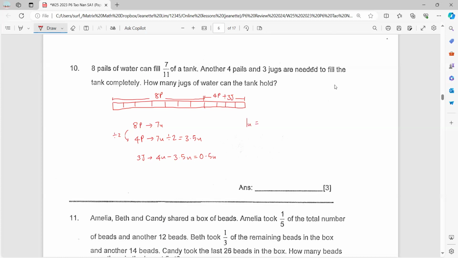So 1 unit is actually double of that. So 3 times 2. 6 jugs. We have a total of 11 units, so 11 times 6. Okay, so answer is 66.